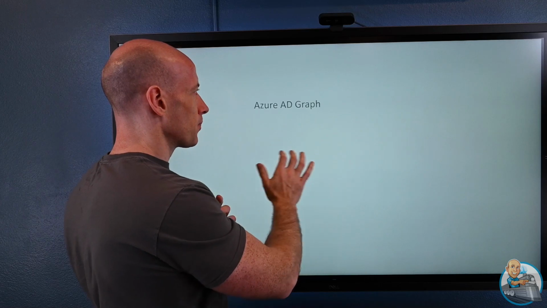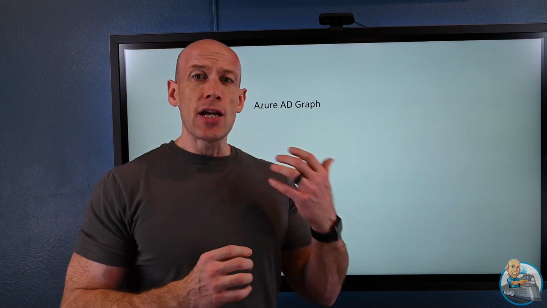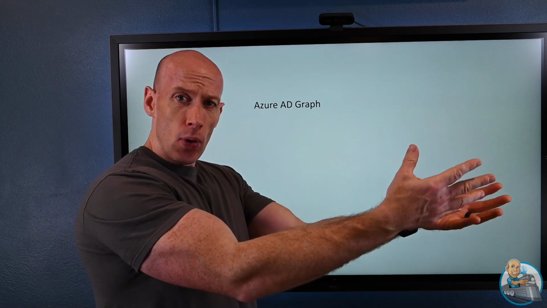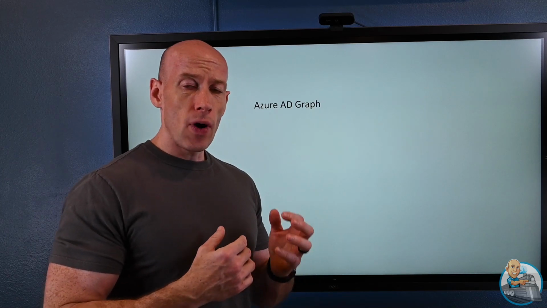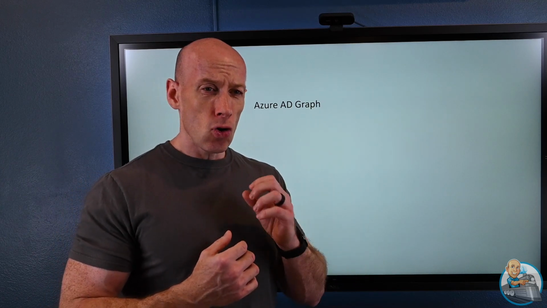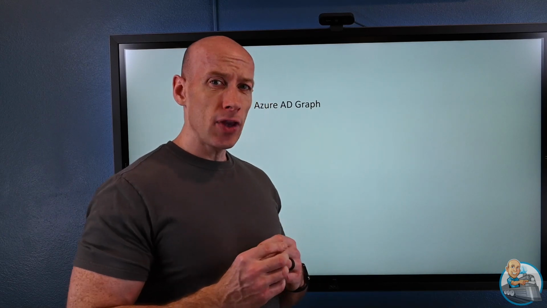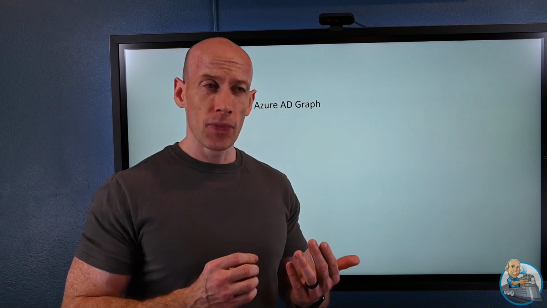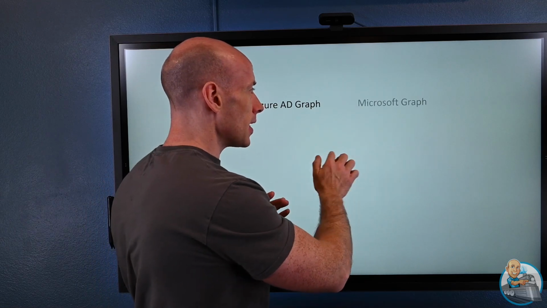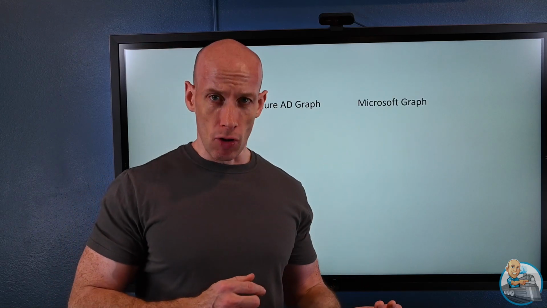Firstly, let's take a step back. When I think about Azure Active Directory, there's the Azure AD Graph. This is the endpoint I can connect to for Azure AD management. Or rather, it was. It's still there, but it's not the preferred option anymore. Things are migrating towards the Microsoft Graph.